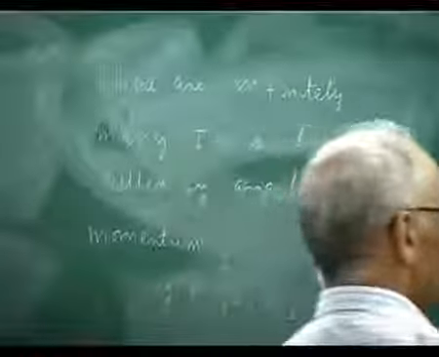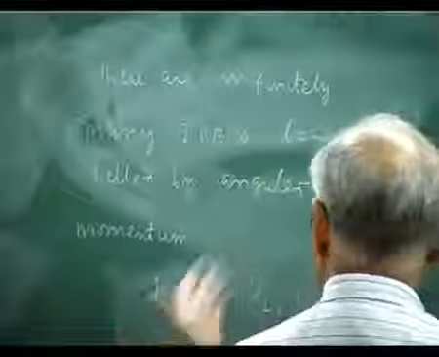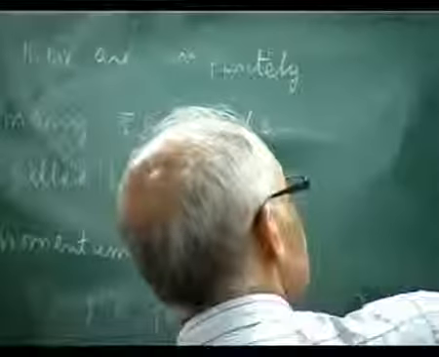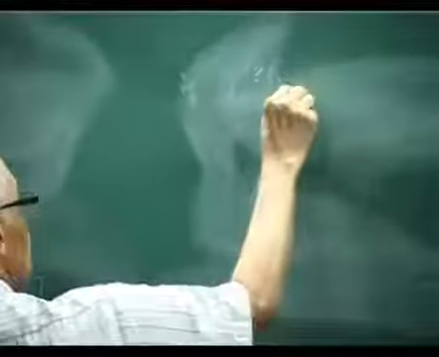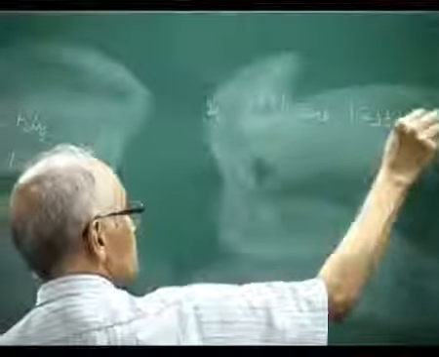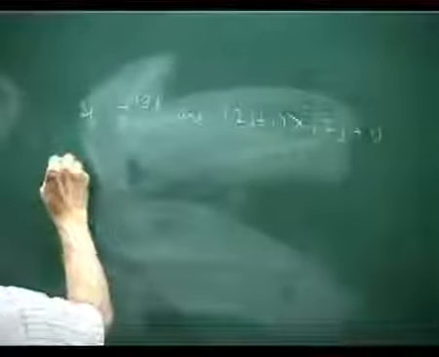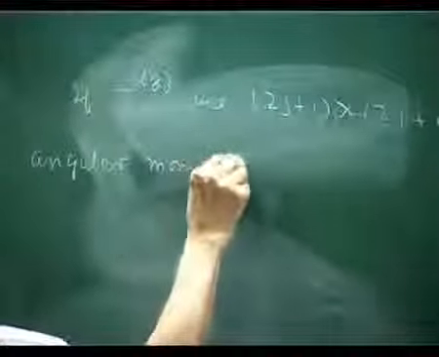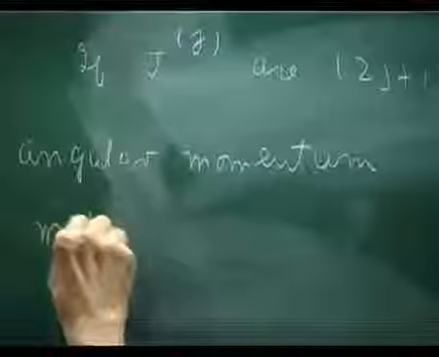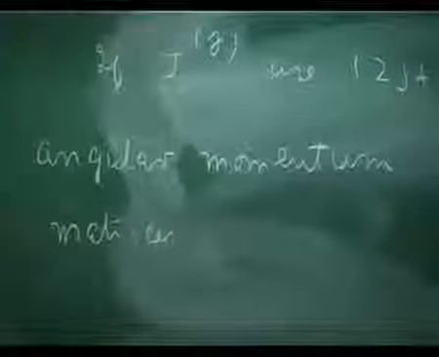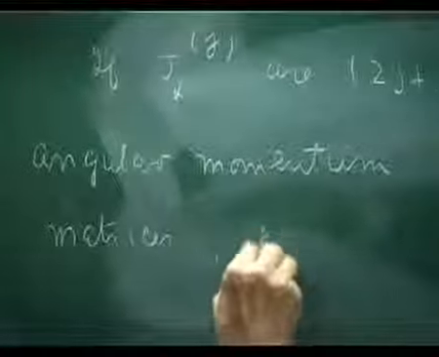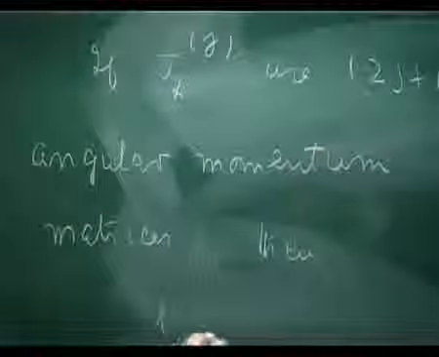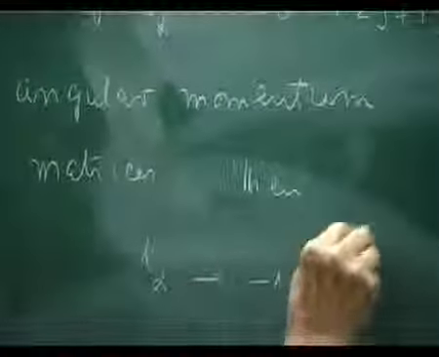So this is a quantum mechanical thing, we will do it explicitly later. If you know some quantum mechanics, this is a standard calculation. For angular momentum, if J^j are 2j plus 1 times 2j plus 1 angular momentum matrices, then L alpha going abstractly to minus i J alpha^j gives an IRR.